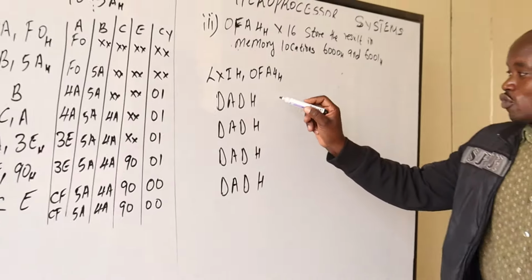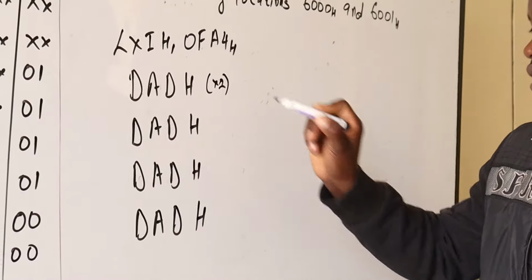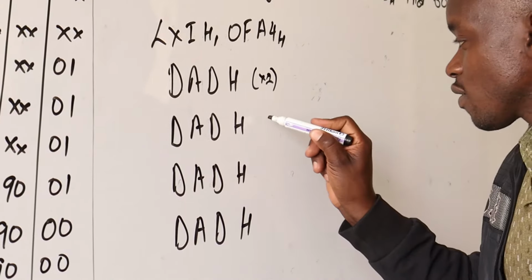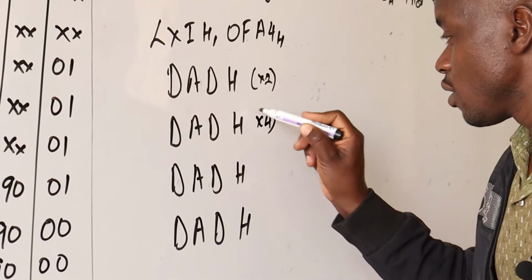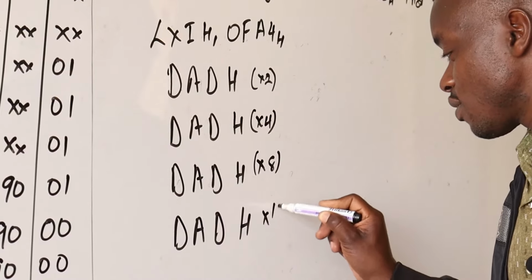So this is by 2, in brackets, let me just put there so that when you are revising you can understand. This means 0FA4 times 2. This means times 4. This means times 8. And this one means times 16.